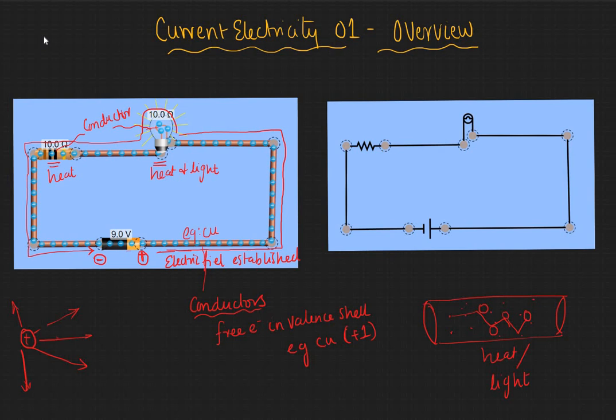All the electrons in the path of that electric field are going to be attracted in the opposite direction of the electric field, that means all these electrons are going to move in the opposite direction of the electric field. So this is the direction of motion of electrons.